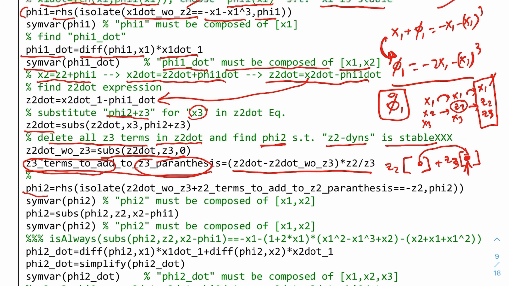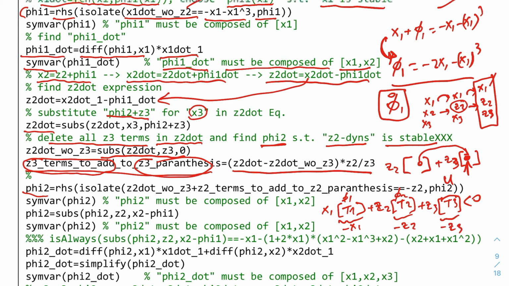And again, how do you find phi 2? Let me write once again. If you have term 1, term 2 plus term 3, there is phi 1 here, equate it to minus x1, there is phi 2 here, equate it to minus z2, and there will be u here, equate that to minus z3.